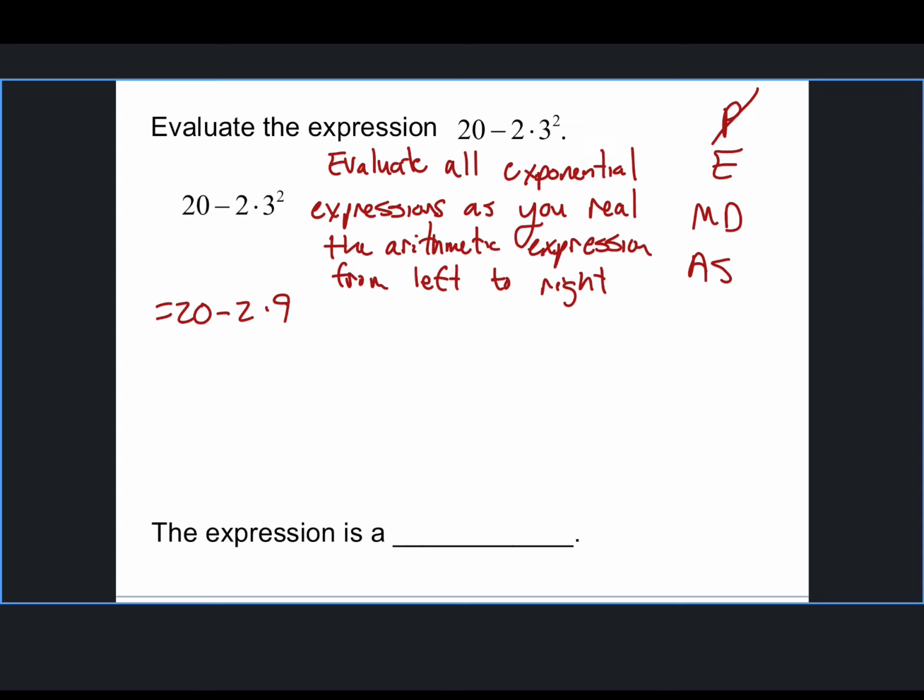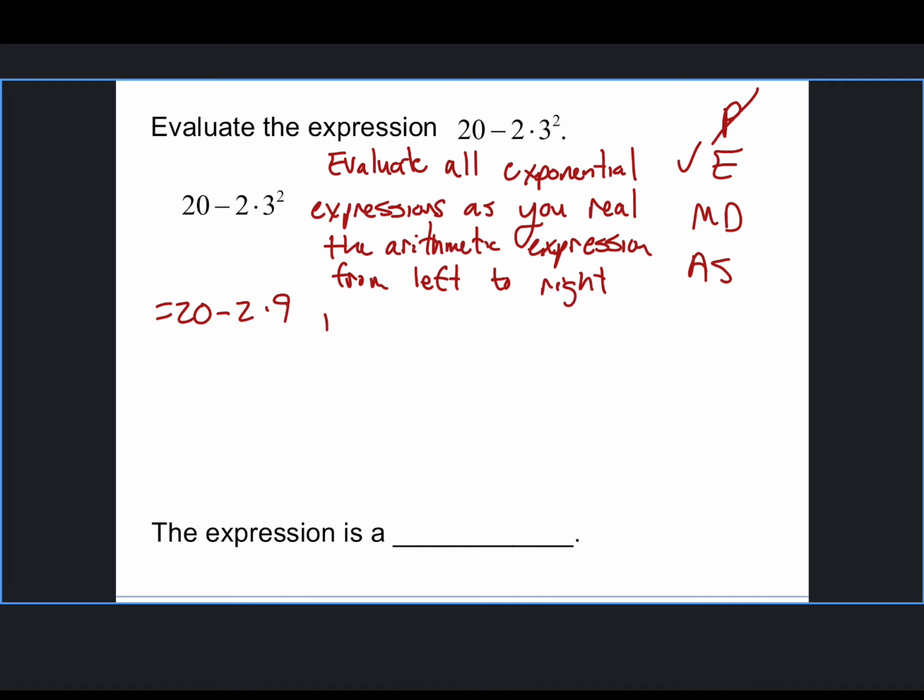Okay, we've done all of our exponential expressions. Do you agree with that? Now, the question is, do we have any multiplication or division? We do have multiplication. What do we have? Negative 2 times 9. That matters.